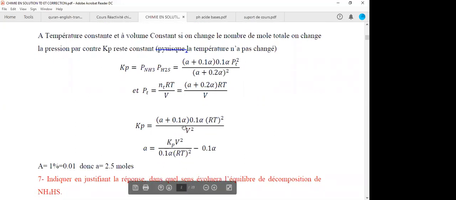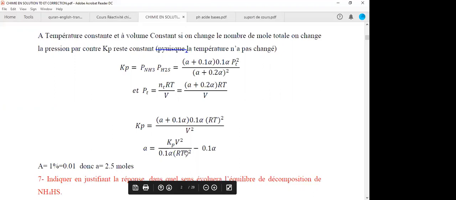So I want to make alpha the subject of the formula. First of all, I will cross multiply. After cross multiplying, I make alpha the subject and substitute the value for Kp, 0.06, volume 5 liters, 0.1 times alpha. The value is 1%, which is 0.01.